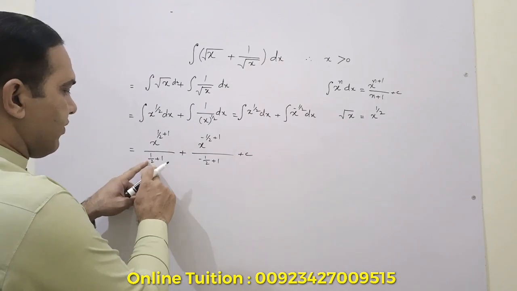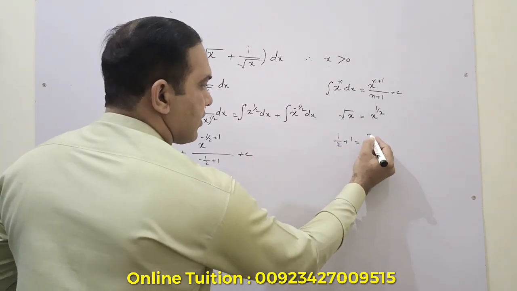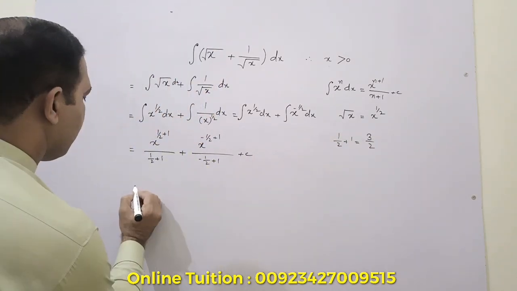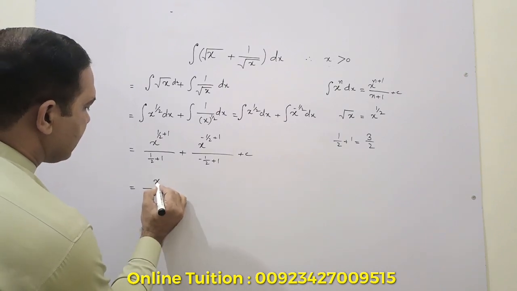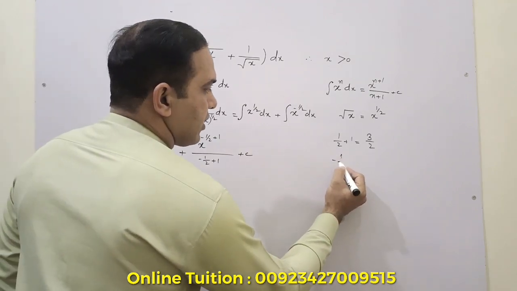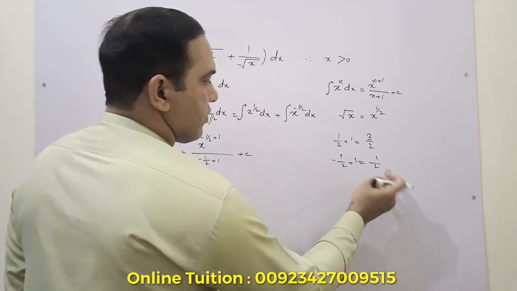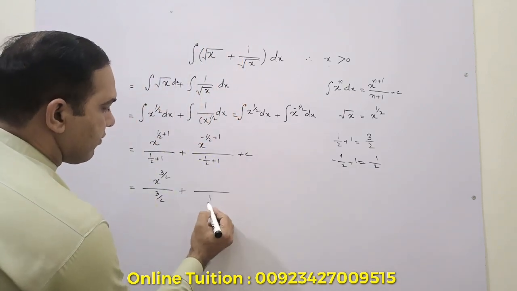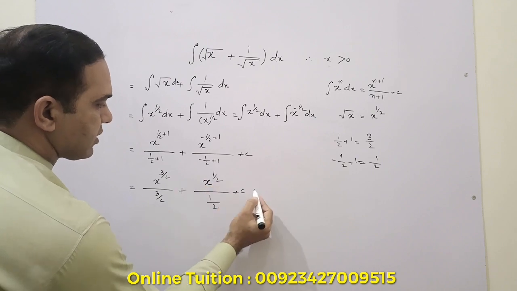And 1 over 2 plus 1 is equal to 3 over 2. Clear? 3 by 2, and this is x raised to 3 by 2, plus minus 1 over 2 plus 1 is equal to 1 over 2, and here 1 over 2, and x raised to the power 1 over 2 plus c.